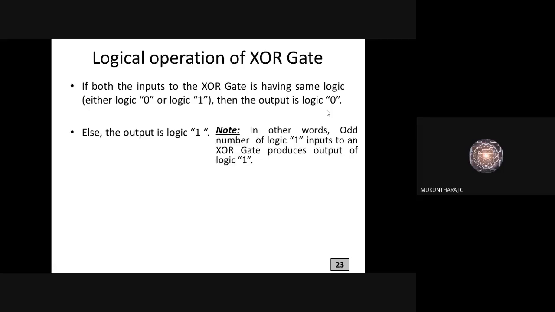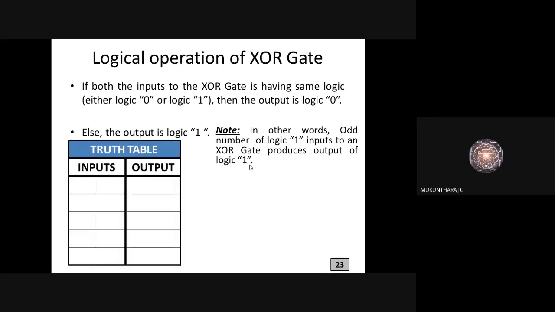In other words, you can say that an odd number of logic 1 inputs to an XOR gate produces output logic 1. If the number of ones in the inputs is odd, then the XOR gate produces logic 1 in the output. So this is the truth table for the XOR gate.